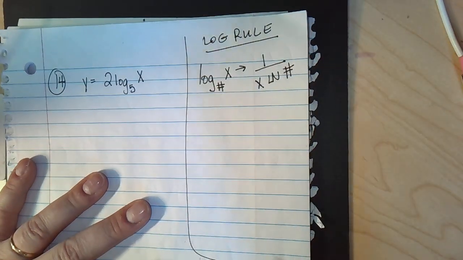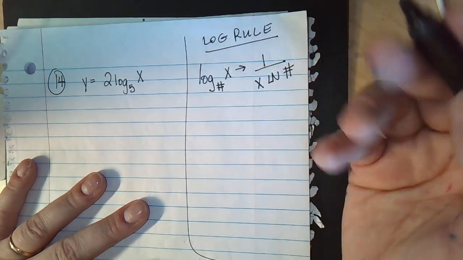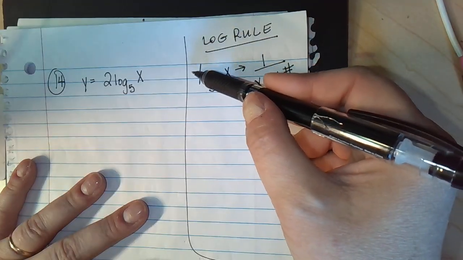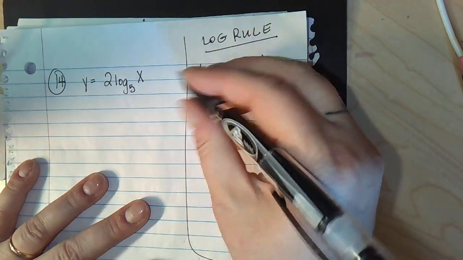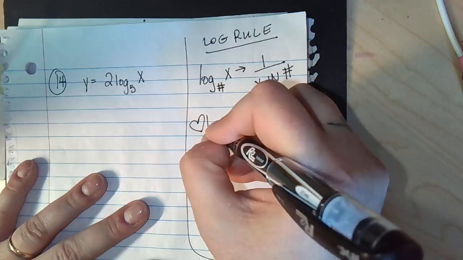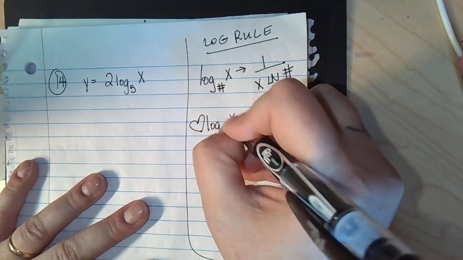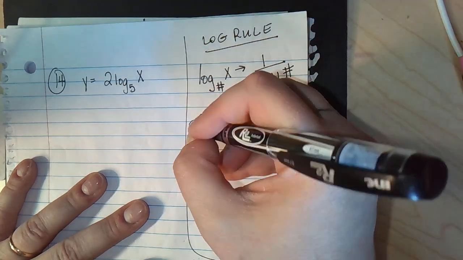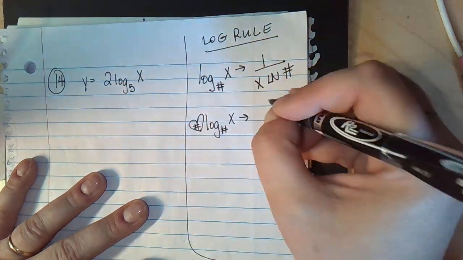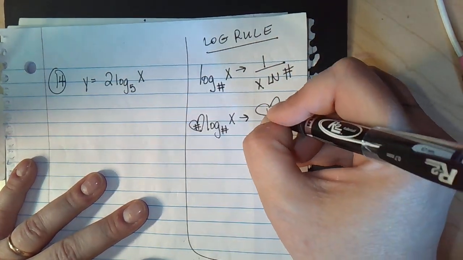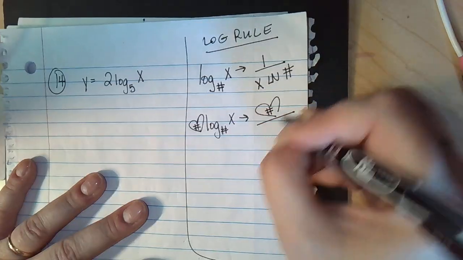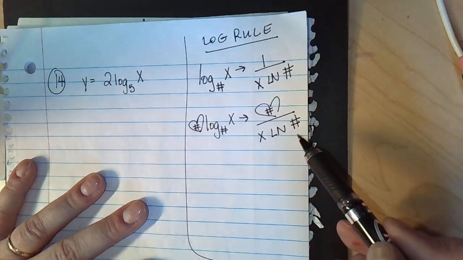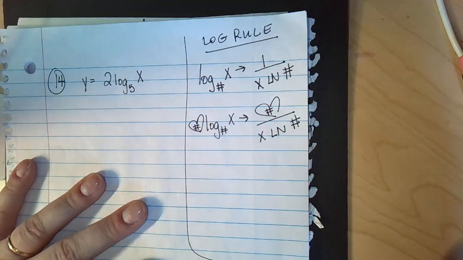If we have something else in front of this log, like this 2, then if we have a number in front of that log, it goes on the top, and then on the bottom we have x ln of that number that was in the subscript.